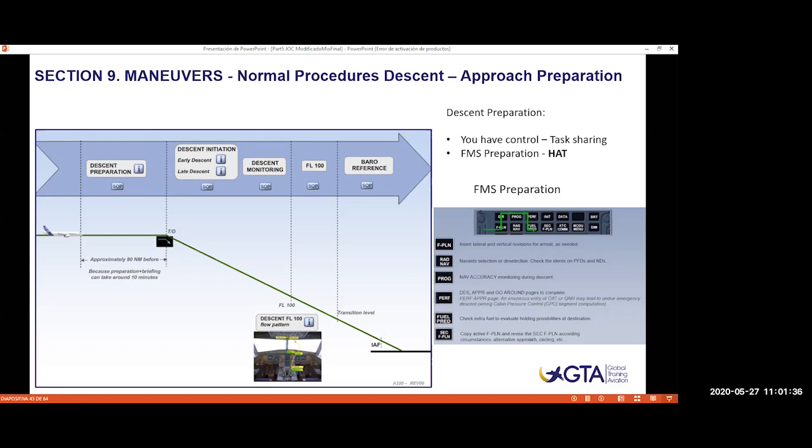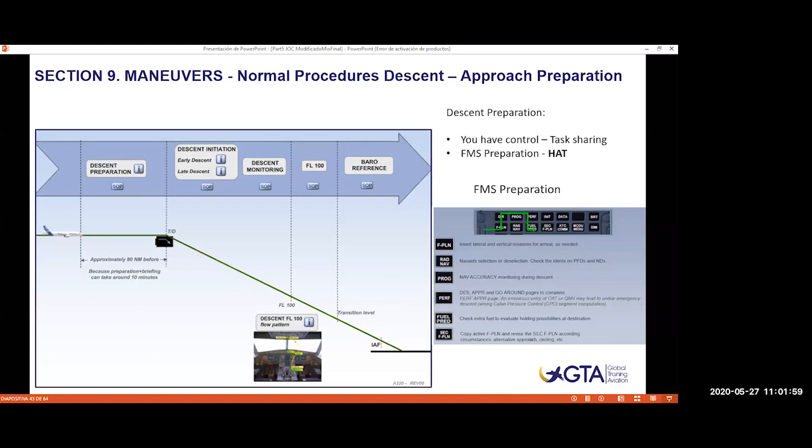We introduced many things. And the FMNGC computer created a profile, created a flight. So this computer will tell me what is the perfect moment to start descending.